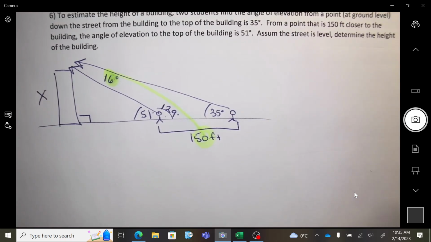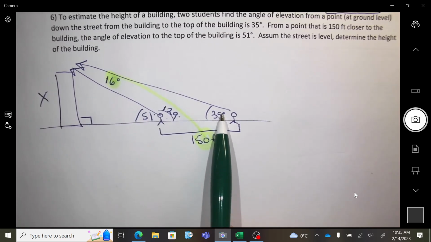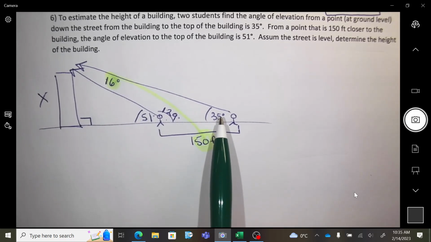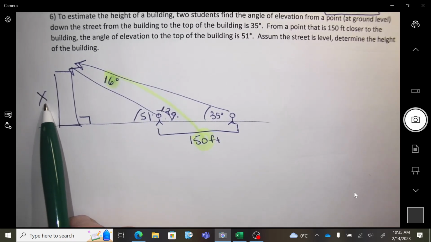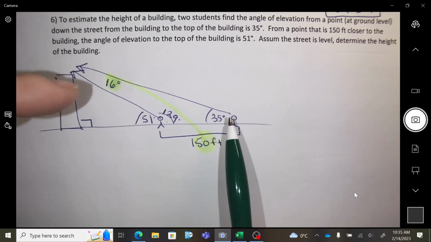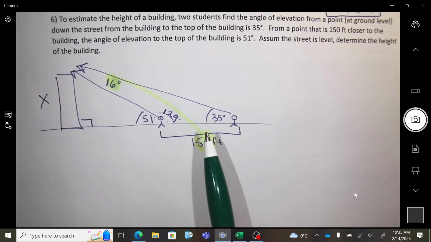So you have two choices here. You could go 129 with that, or you could do 35 with that. Do you understand I can't do 35 and X partnership right now? It's not going to work for you. You can't pair this in the right-sided triangle and this in the entire triangle. This drawing has 3 triangles in it.